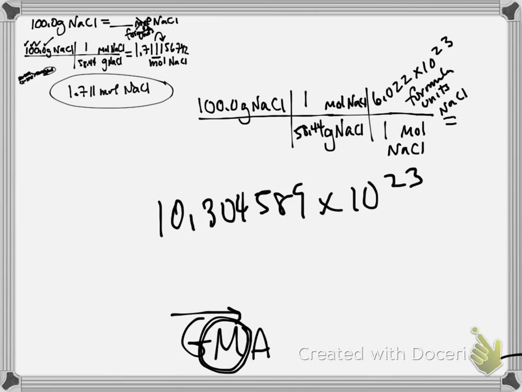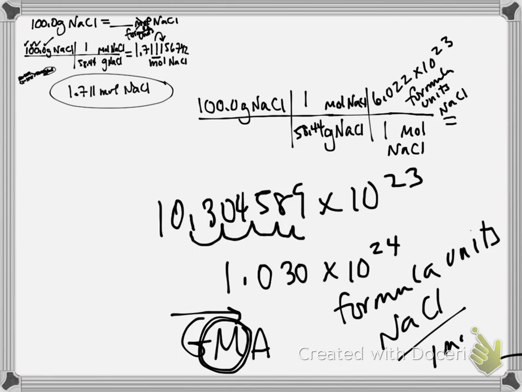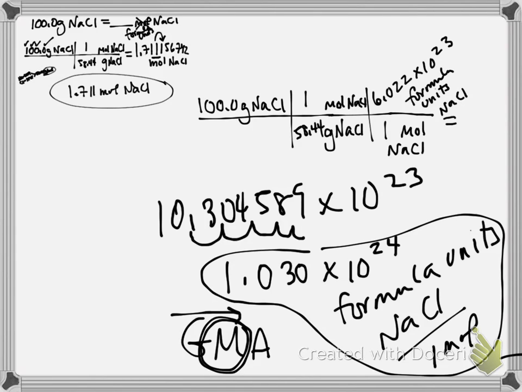Going backwards, that would be 1.030 times 10 to the 24th formula units NaCl in 1 mole. That would be your final answer.